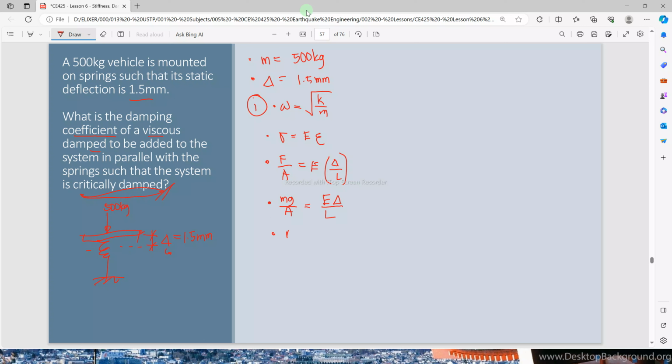Now, we write this in terms of mass. We have EA delta over gL. So if you notice, we have the EA over L here, so this is like the actual stiffness.